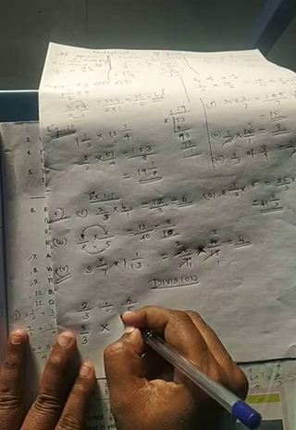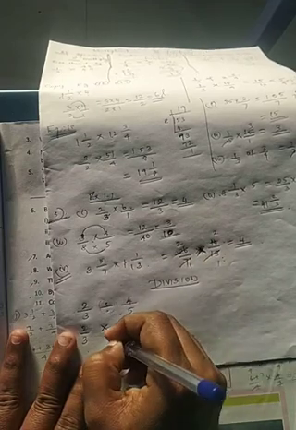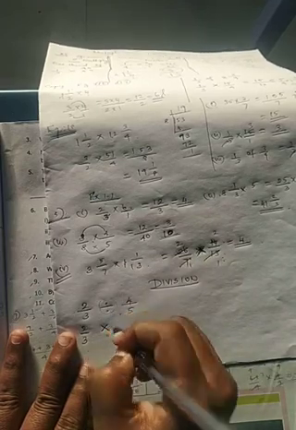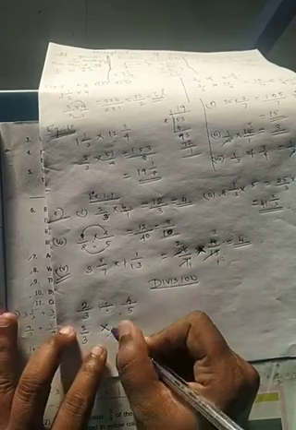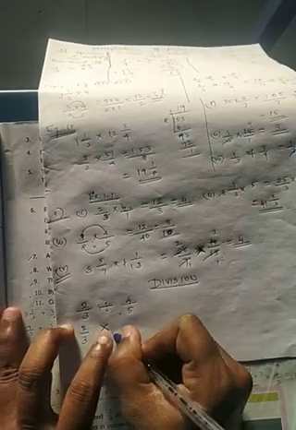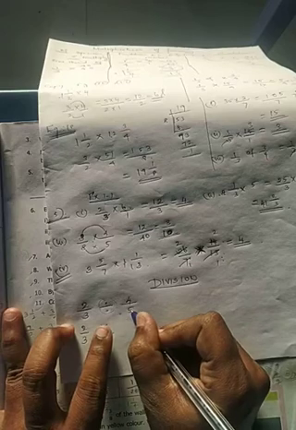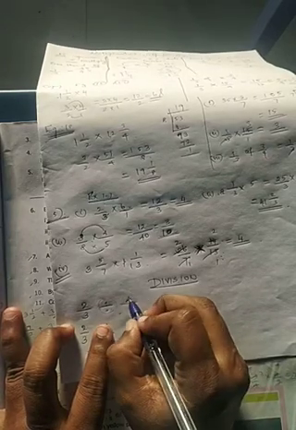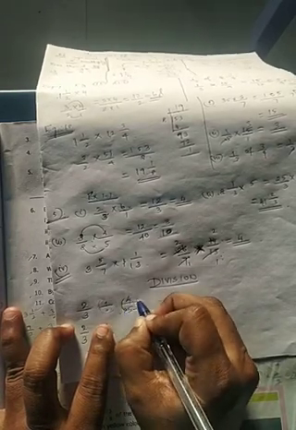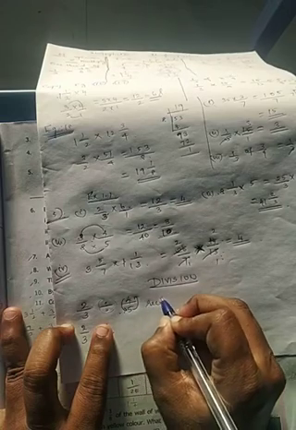Now you will ask, why ma'am? We are doing a division, but why are you changing the sign to a multiplication sign? After changing the sign to multiplication, I will change this numerator to denominator, and this is called reciprocal.